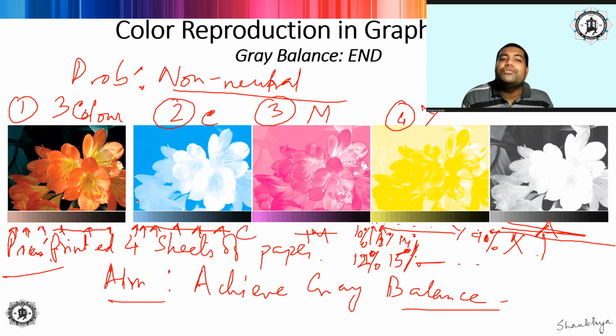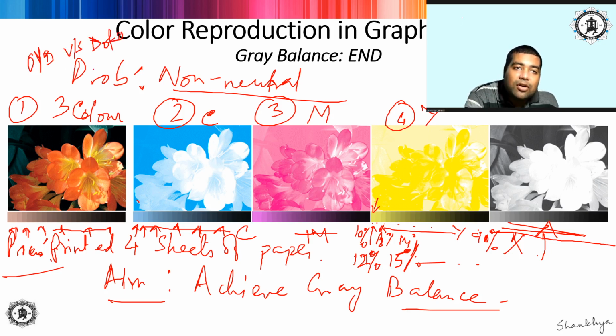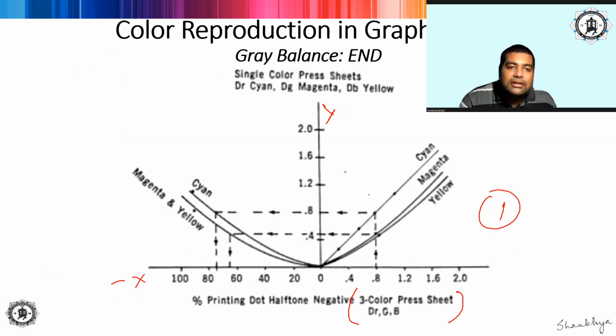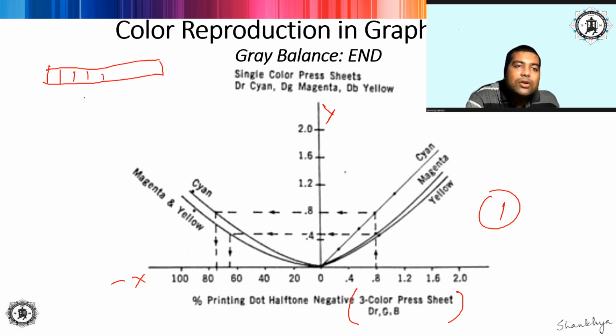Okay, now what we have to do is compare the optical densities or reflection densities of each patch versus the dot percentage of those same patches, right? What does it mean? Let me write over here in the next slide. For example, this is our grayscale, let us say the yellow grayscale. Maybe after printing, the first patch has a dot percentage of 12%.